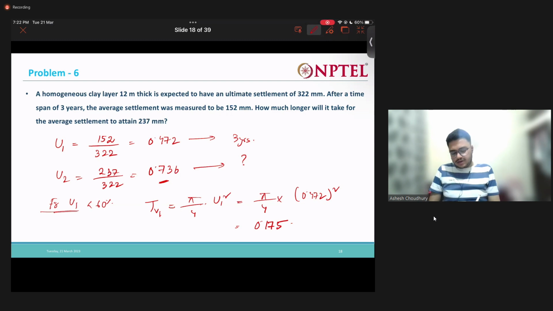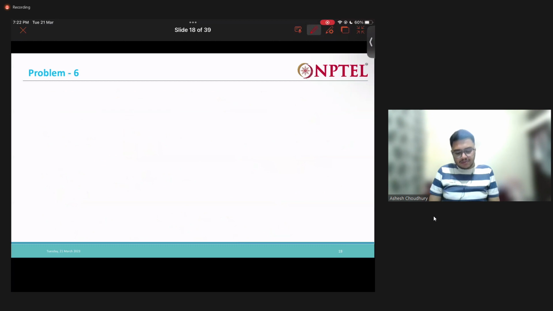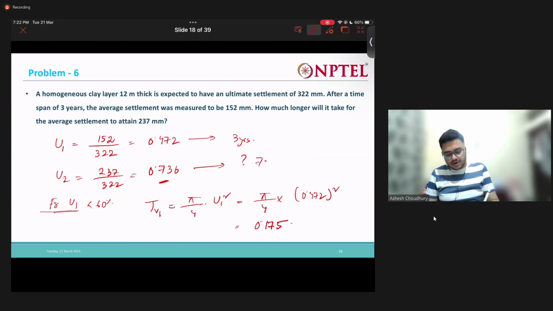For 152 mm settlement it takes 3 years. For 237 mm settlement it takes 7.8 years.